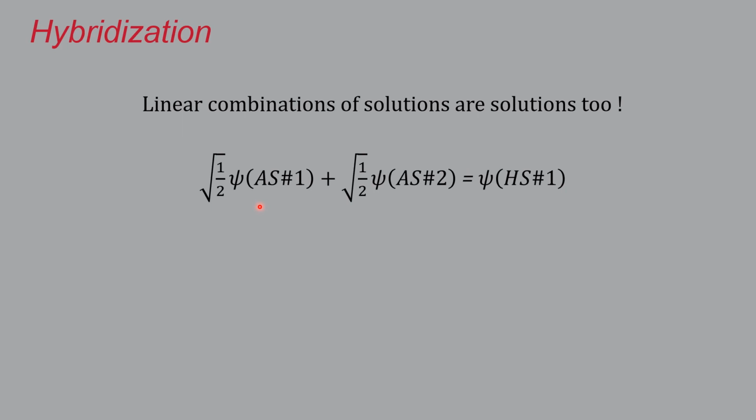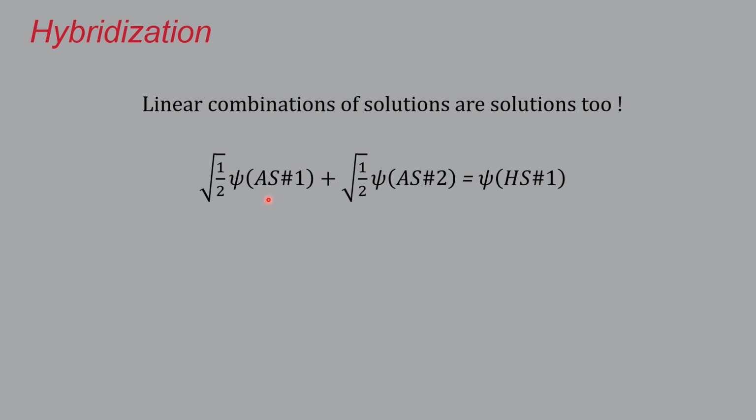Remember we talked about these wave functions where we call them psi, the little pitchfork thing. It could be literally something like the wave function that describes atomic state number 1, and the wave function that describes atomic state number 2. If you multiply them both by the square root of 1/2 and add them together, you have a new function.